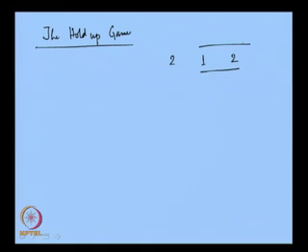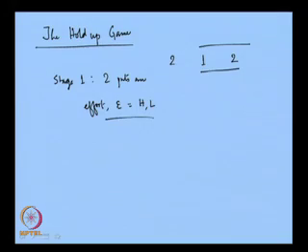Player 2 puts an effort in stage 1. And this effort could be high or low. If he puts high effort, then the size of the pie, that is C, is high, it is a big pie.